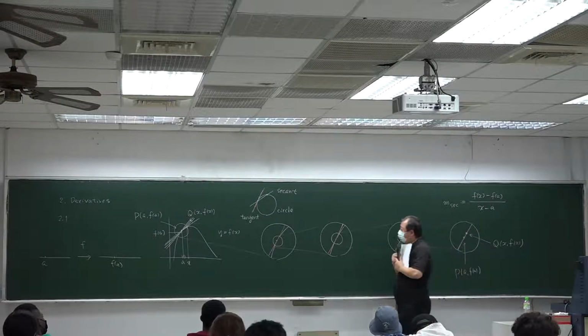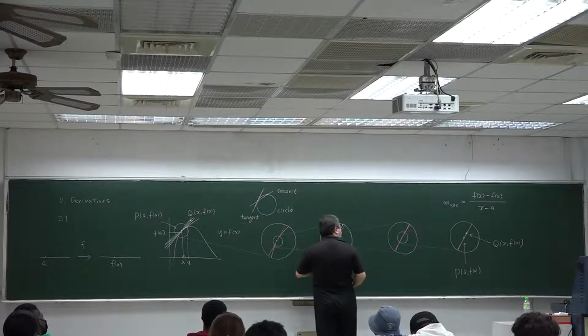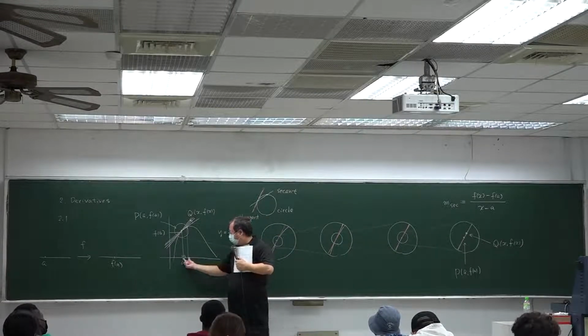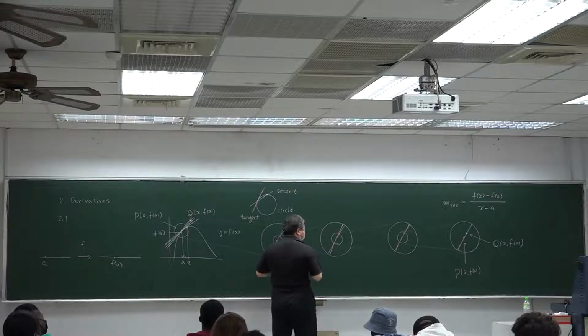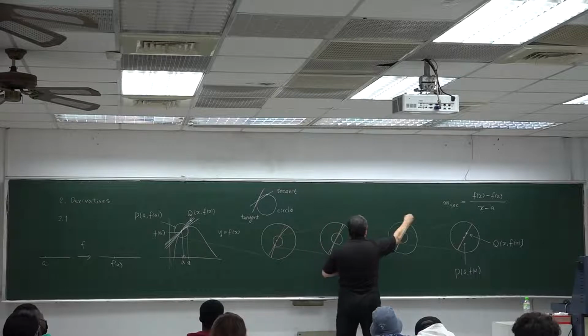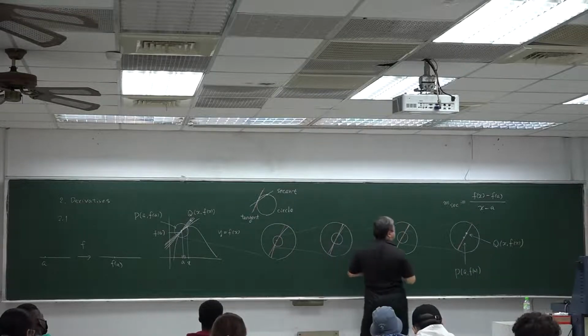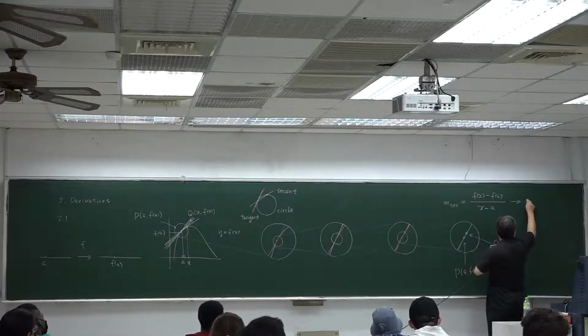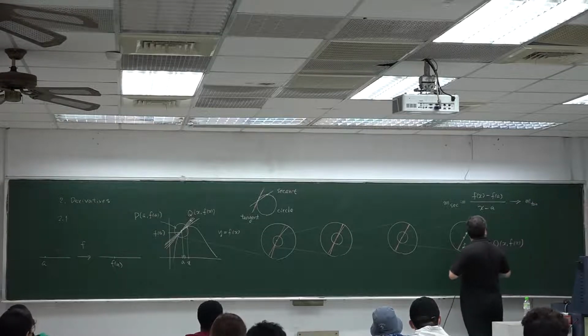So if x is close to a, but different from a, close enough, then this one is the tangent.